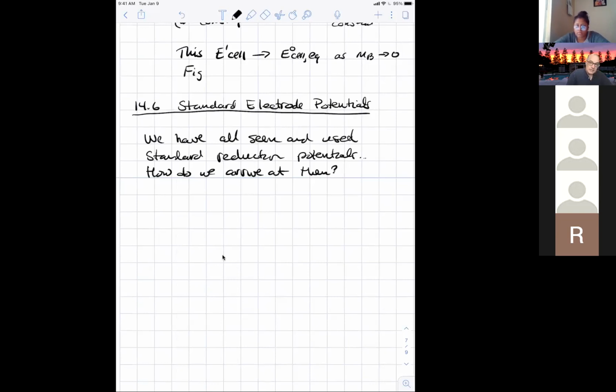In order to do this with any other kind of thermodynamic state quantity, we must define some electrode, or let's say not electrode, terminal is the correct term. Right, we have to have some frame of reference. And that electrode is the standard hydrogen electrode.